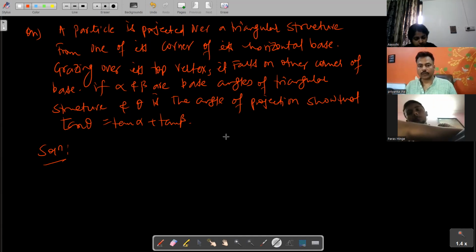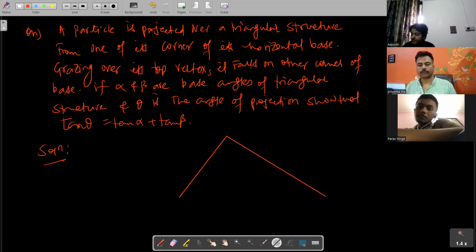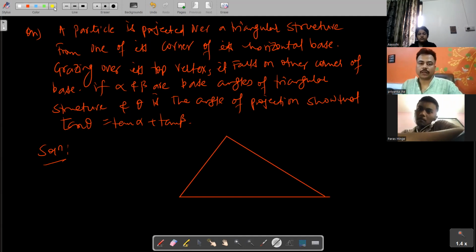Okay, sir. Suppose this is the triangular structure, and this is the horizontal base. The question says that a ball is projected over a triangular structure from one of the corners of its horizontal base.